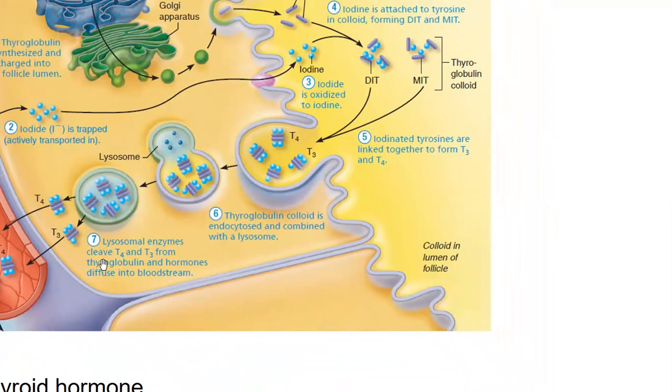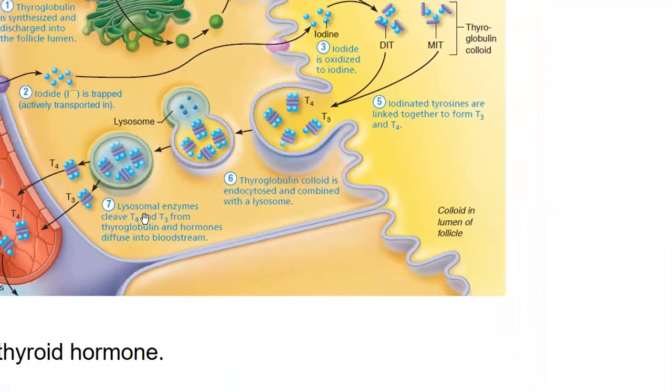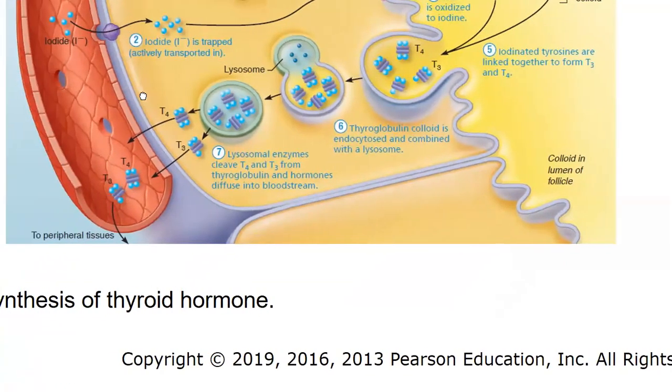So lysosomal enzymes then are going to cleave the T4 and T3 from the thyroglobulin, and the hormones diffuse into the cell. So what is cleave? It means to break. It's going to break it. So you have this come in, then this combines with the lysosome, and the lysosome is going to cleave and break. And then as a result, these go back into the bloodstream.